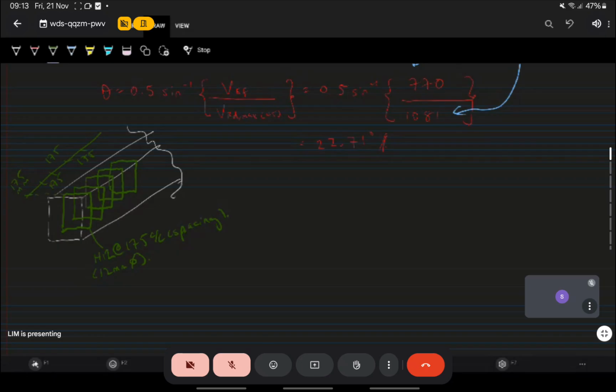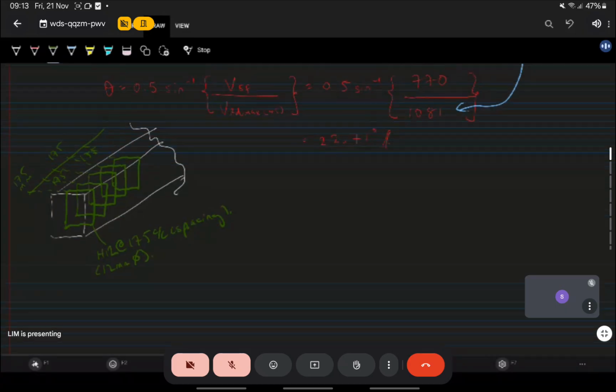So every 175 millimeter, there is a rectangle shear link like this. These things are called shear links to prevent shear failure, or some people call it shear reinforcement.